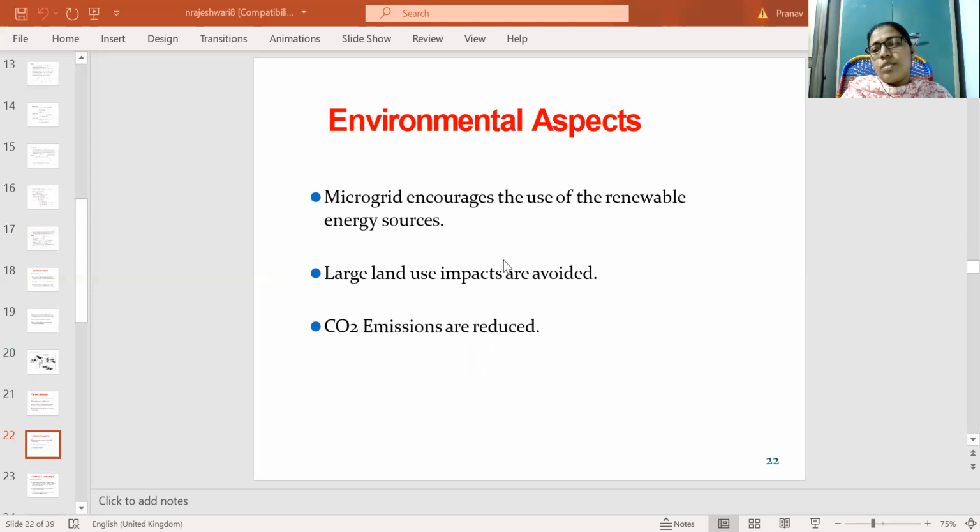It encourages the use of renewable energy sources like solar, wind, and photovoltaics. The microgrid encourages the use of these renewable energy sources. So these are the environmental aspects of microgrid.